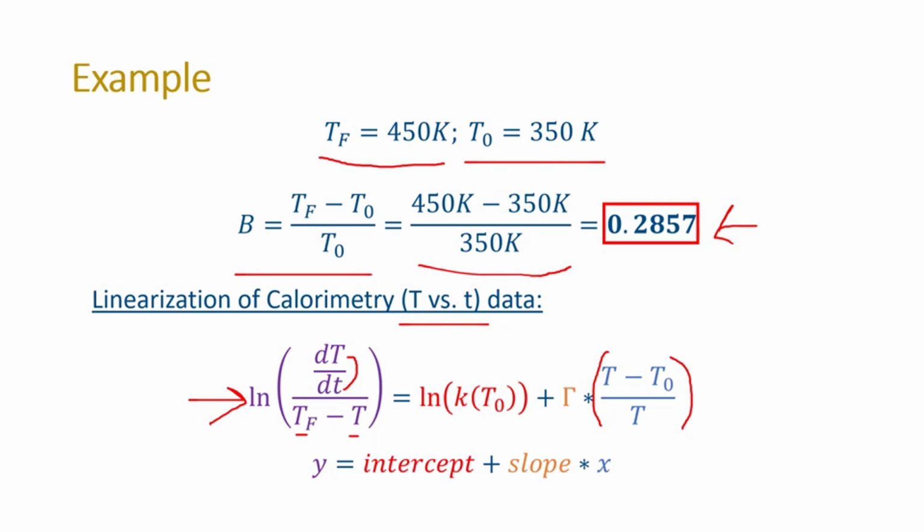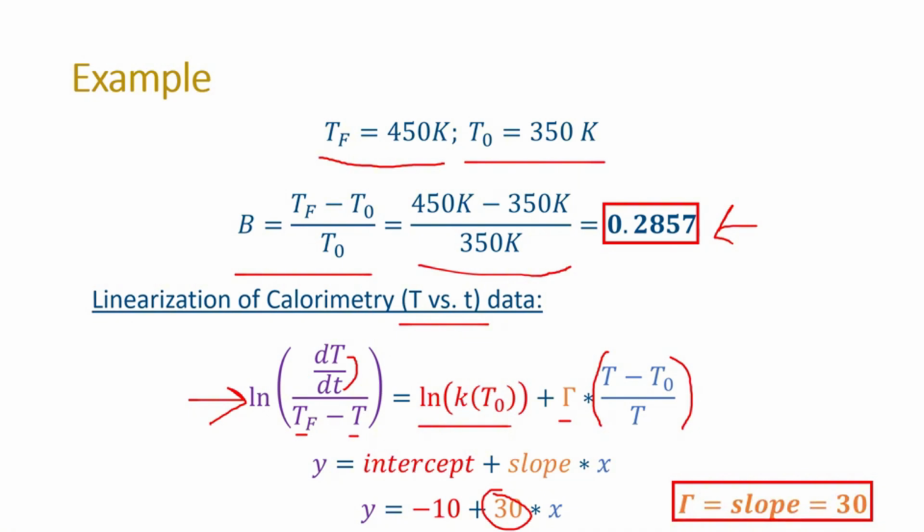With that linearization, if we find that we have a linear relationship, which we're told in the example via the R squared, the goodness of fit value, we have an intercept that is equivalent to the natural log of the rate constant at the onset temperature and a slope that is equal to sigma. So if we realize from the given information in the problem that the linear correlation had an intercept of -10 and a slope of 30, we know that sigma, the dimensionless activation energy, which is equal to the slope, would be equal to 30.